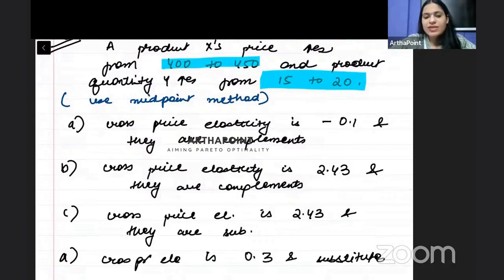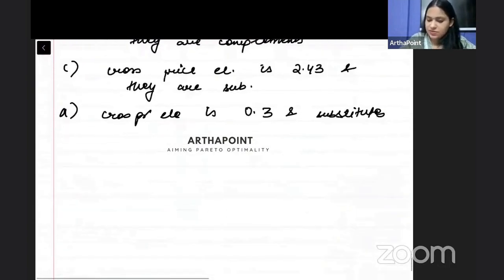Okay, so I am saying product X price is increasing from 400 to 450. Quantity is increasing from 15 to 20. Use midpoint method and then tell me the answer. ठीक है बेटा, let's try to do this ourselves first.